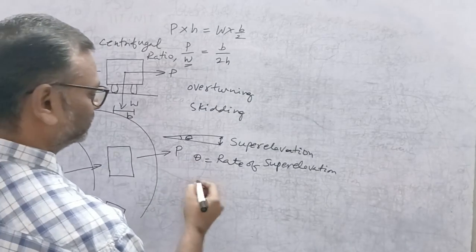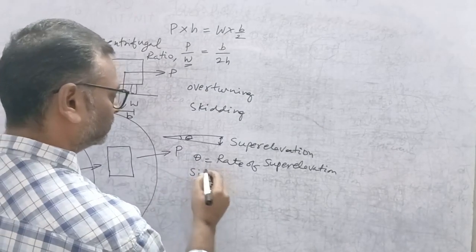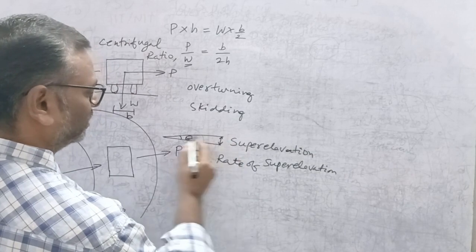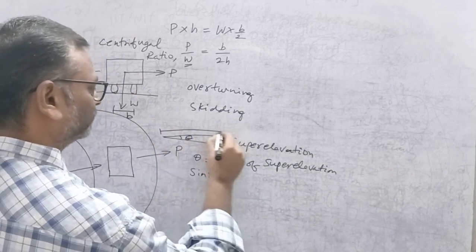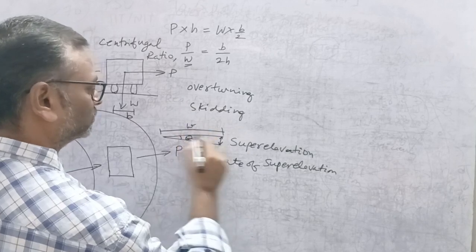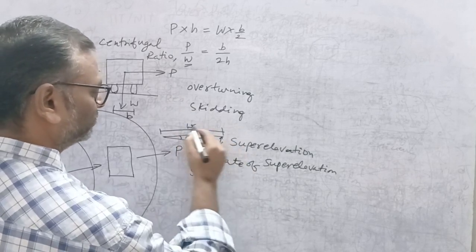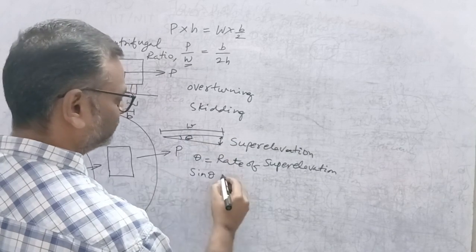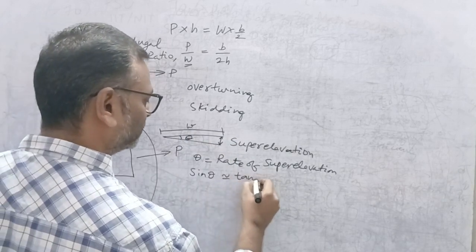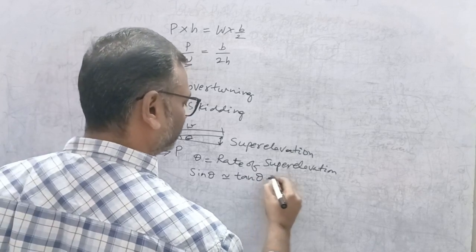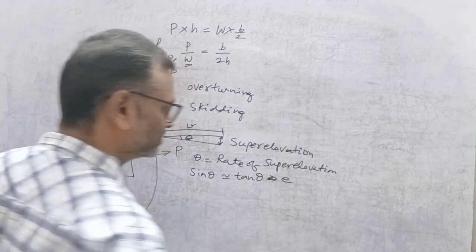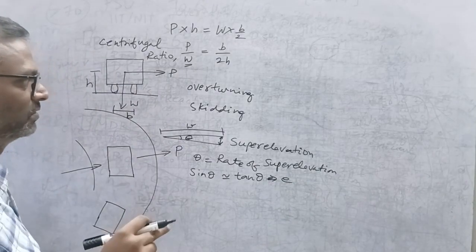This is actually sin theta, that is opposite side by hypotenuse, that is this height by the width of the road. Since theta is very small, we take it as tan theta and simply write it as small e, which is the rate of super elevation.